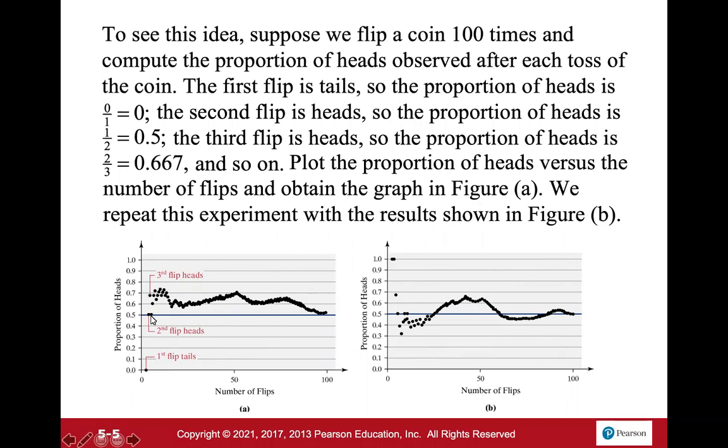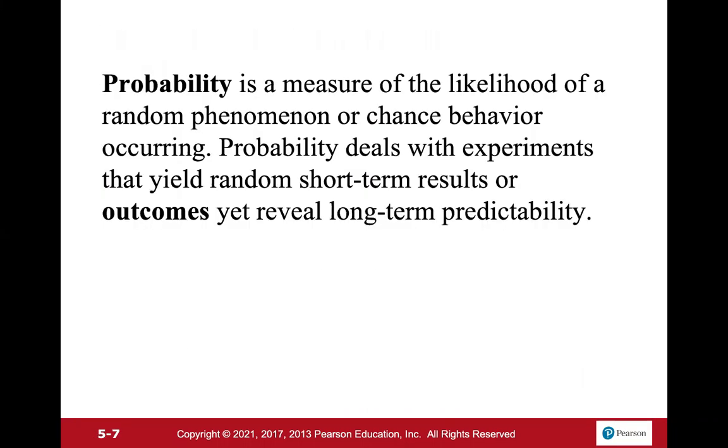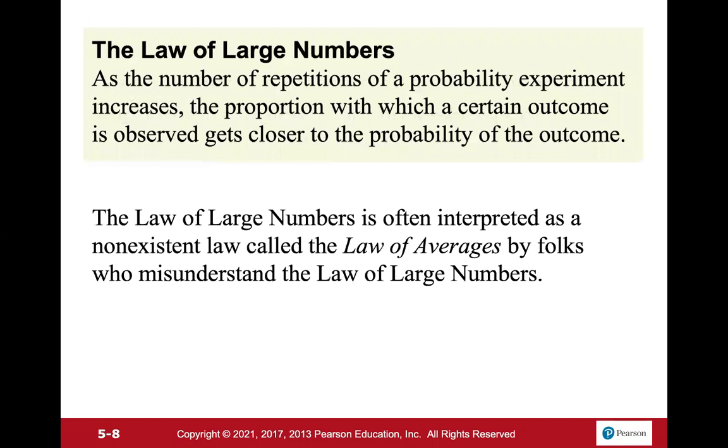Notice that after we keep running this scenario, we start getting closer and closer. We did pop up a little bit, but we got closer and closer to 0.5, which is the true probability of flipping a coin and it landing on heads. And same thing over here. They fell down a little bit, popped up, fell back down, but over time the numbers started getting closer and closer to 0.5. That's due to the law of large numbers, because we ran that scenario 100 times.